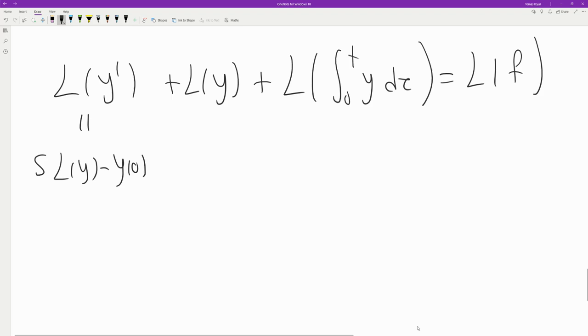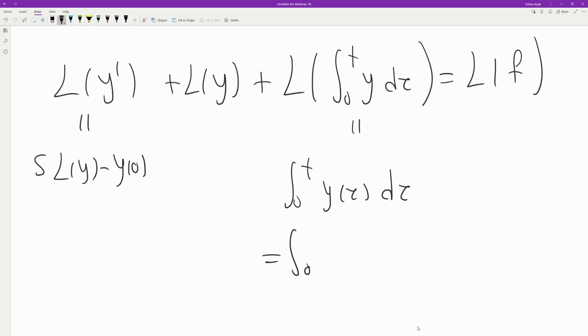So, and then I have to find this. Okay, so now this is a convolution of the constant function 1, and so I have y convolved with 1.